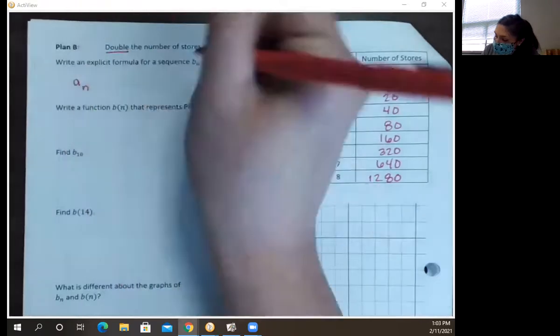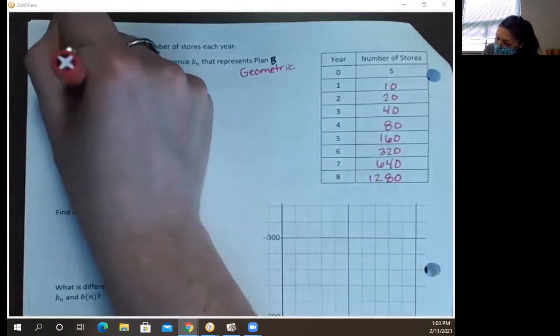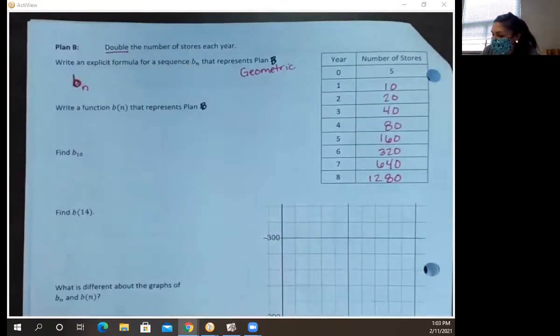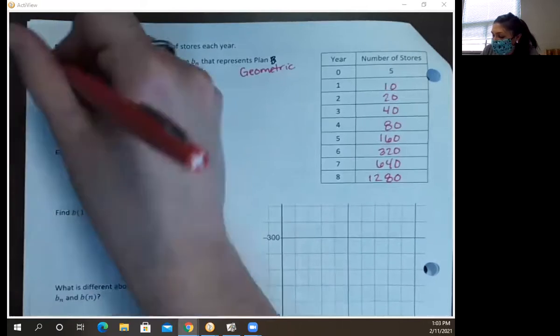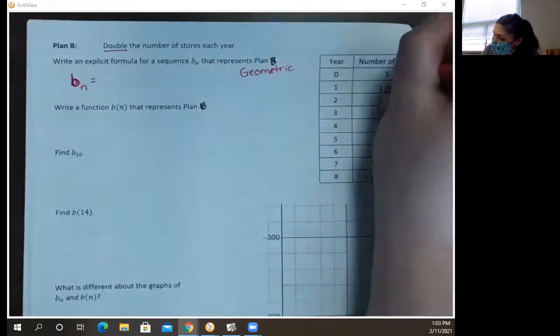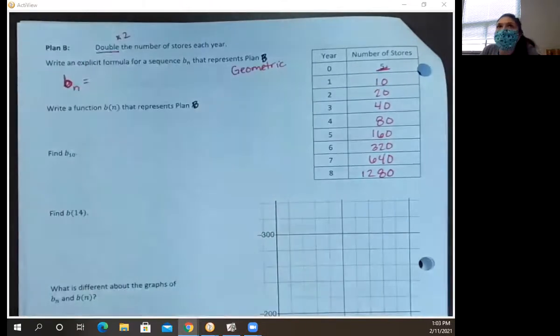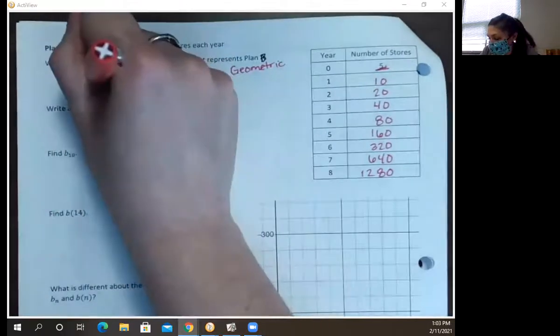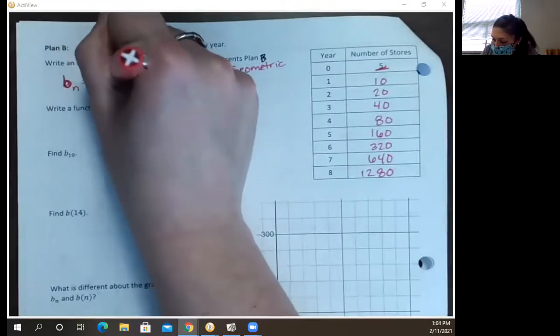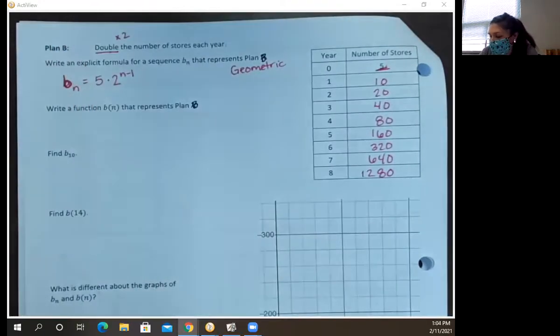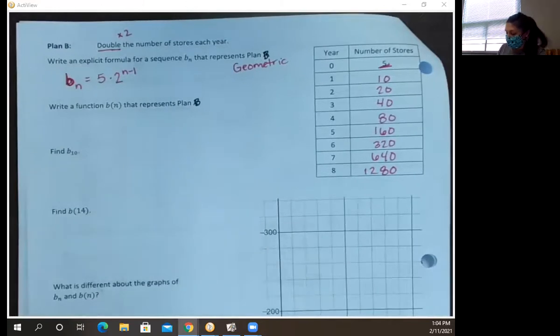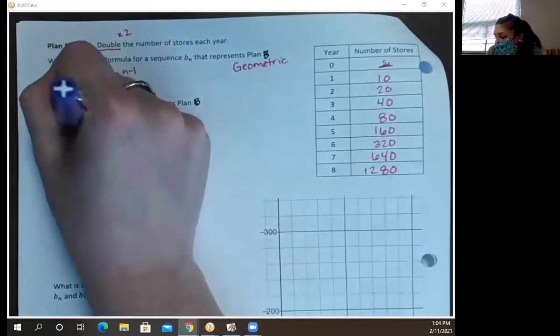They told me to use B sub n here since it's our second plan, plan B. So B sub n would be, I started with 5 stores, and I'm doubling each time, so I'm multiplying by 2 each time. So this would be 5 times 2 to the n minus 1. So there's that sequence format. But I could also think of this as a function.